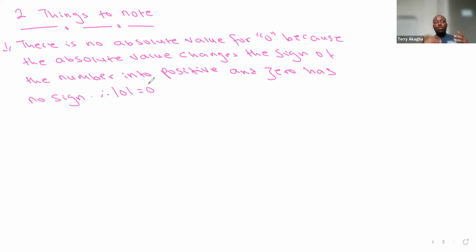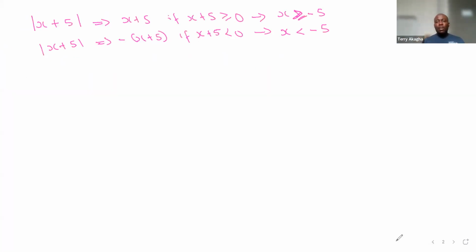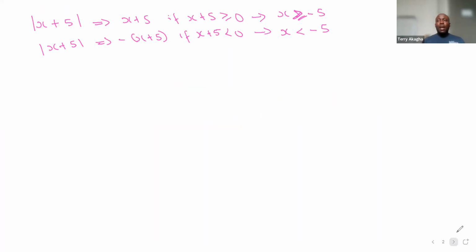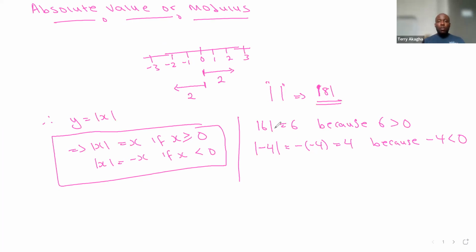The second thing I want you to note is that if the number is positive, then it will result in a positive number only, okay? That is the reason why I gave you, on this first page, that if it's positive, it's going to result in a positive number only. And if it's negative, it will also change to positive. So in this case, it was negative, but the final answer you get is positive.